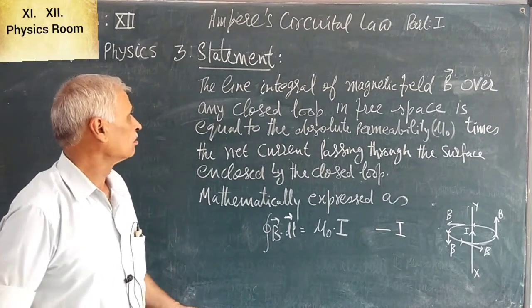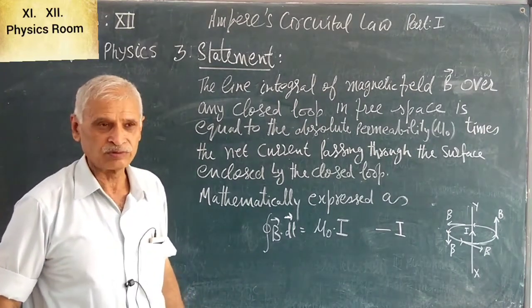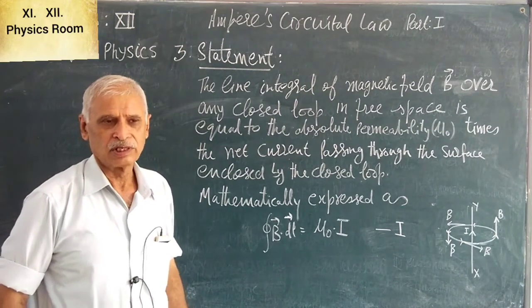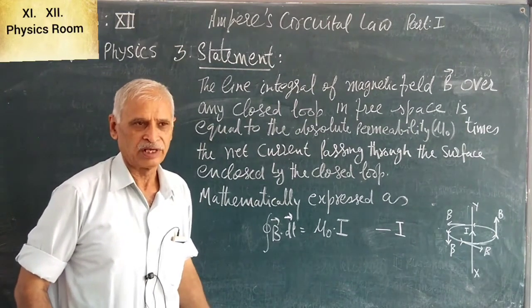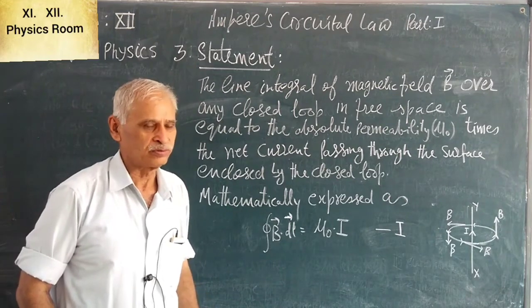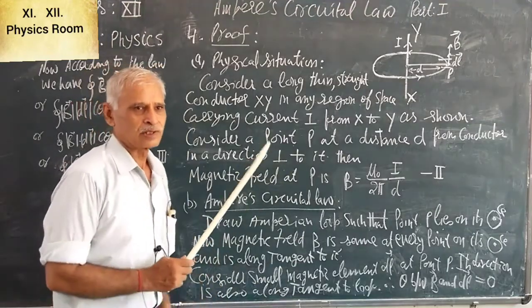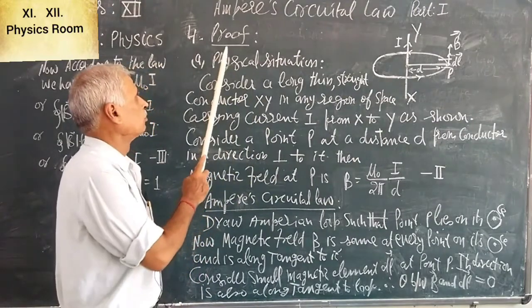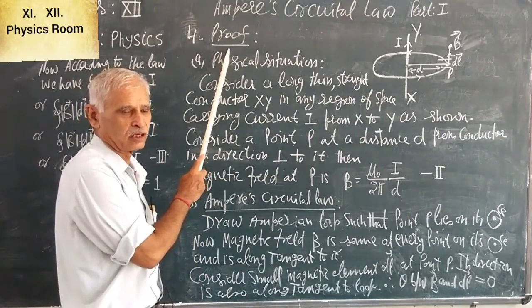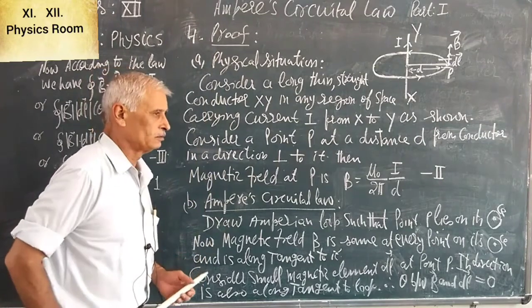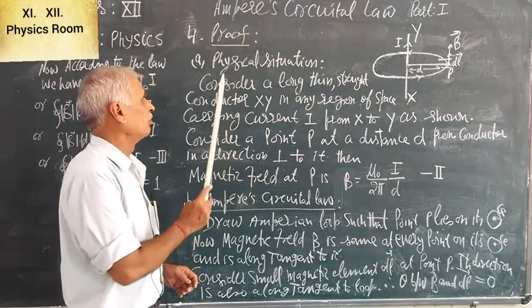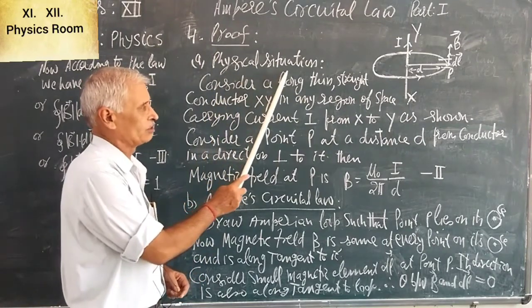Now after this, we are to go for its mathematical proof. So let us see how we arrive at the proof of this statement. Let us take up the proof of Ampere's circuital law. First, we frame the physical situation.